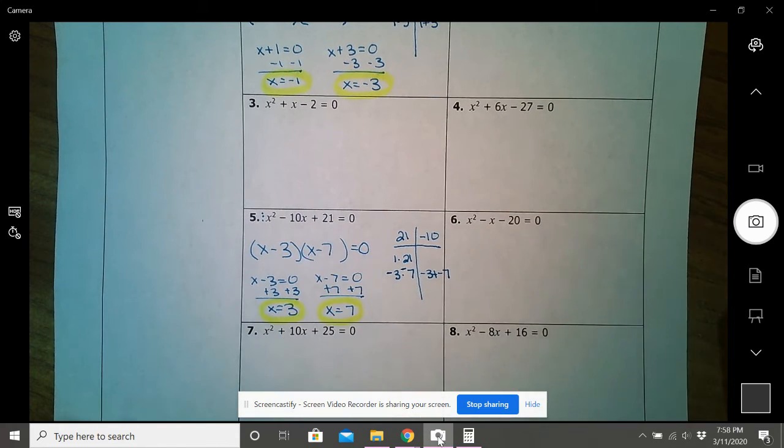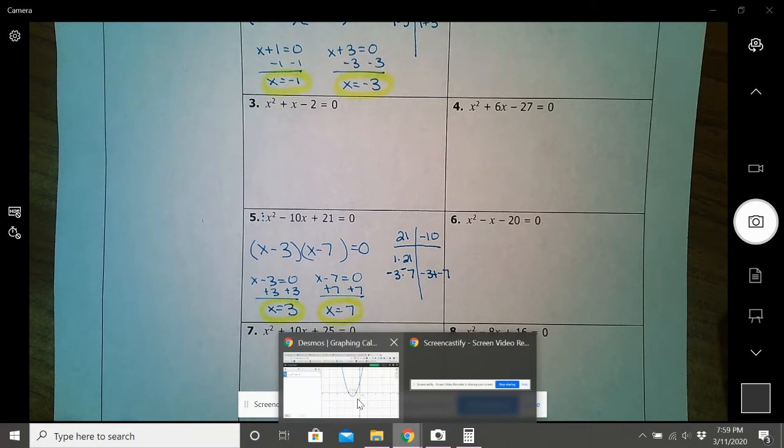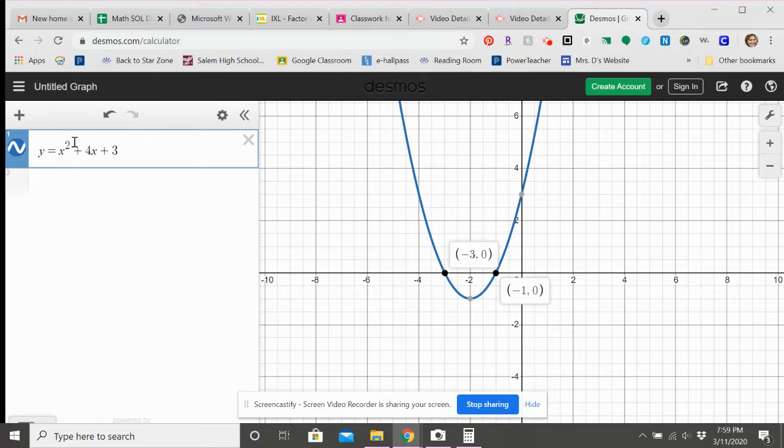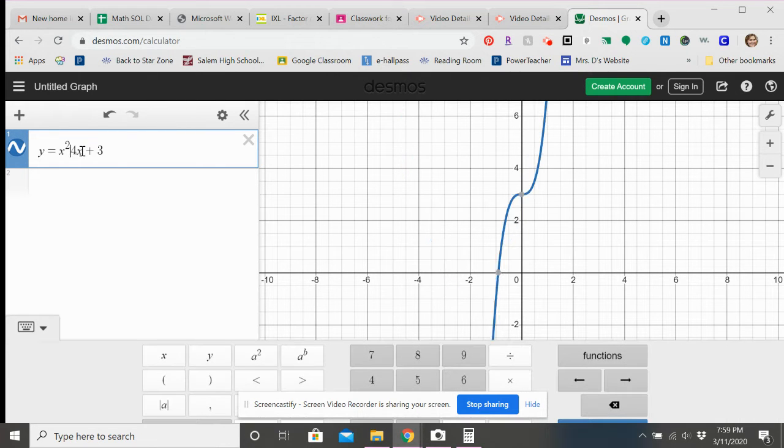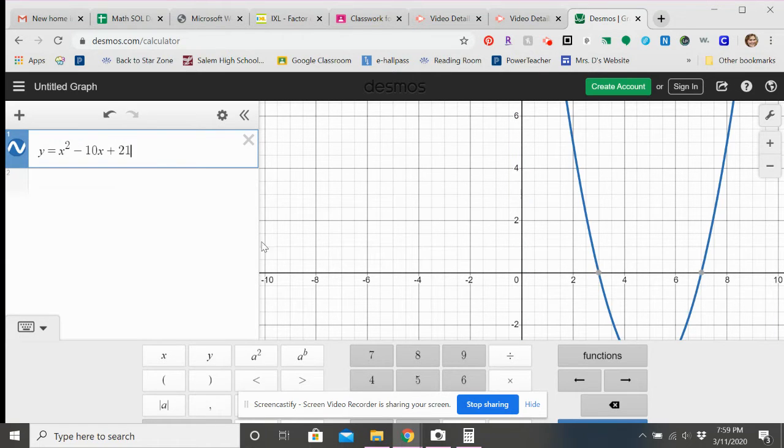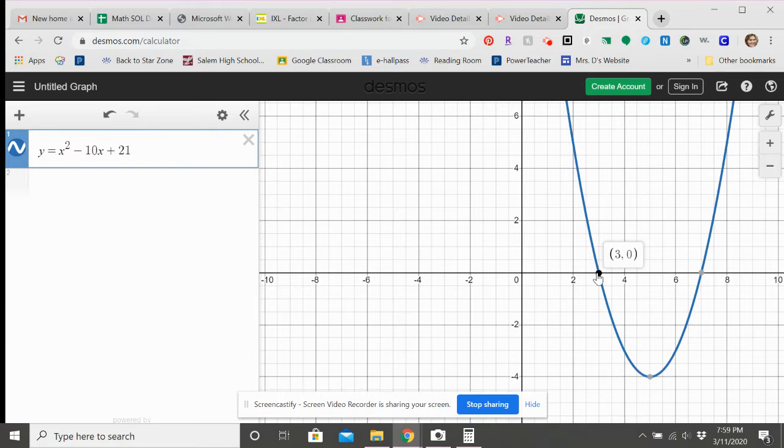Take this function and type it into Desmos to find the x-intercepts. We've got y equals x squared minus 10x plus 21. My x-intercepts are positive 3 and positive 7, just like our solve confirmed.